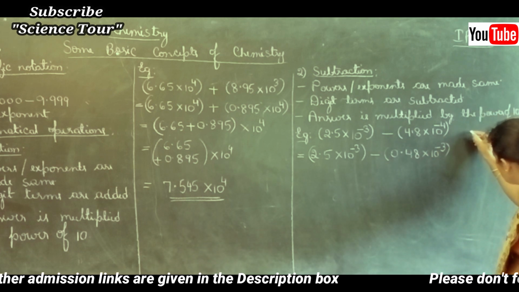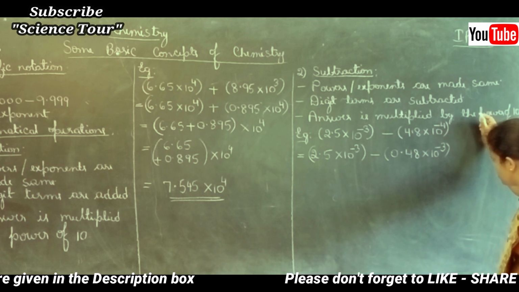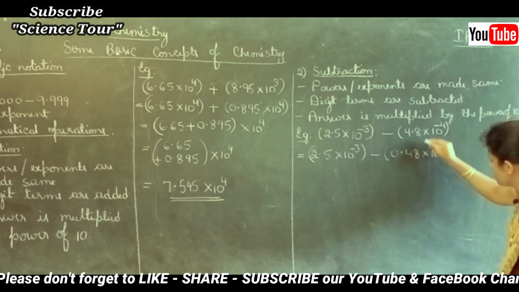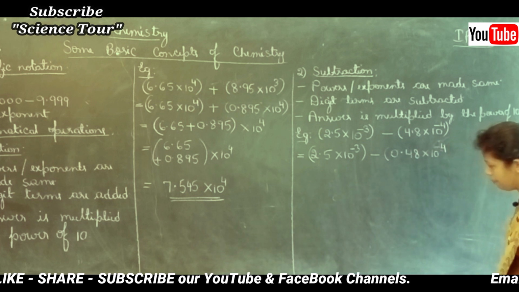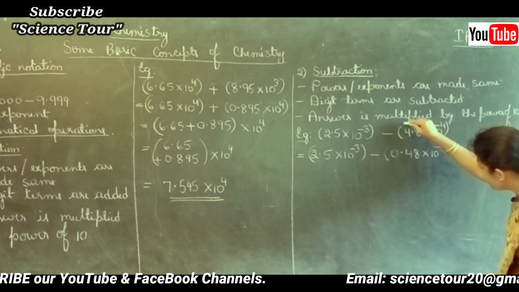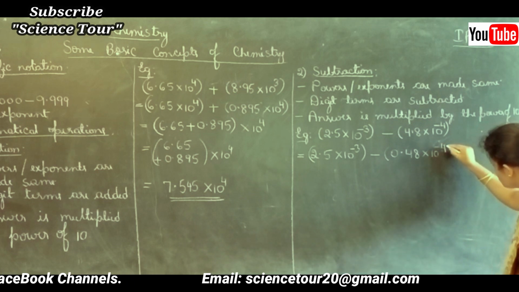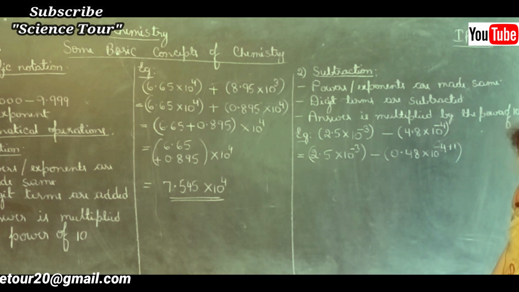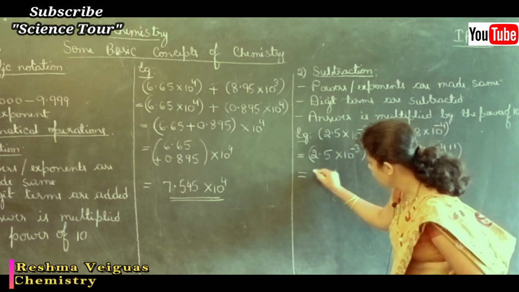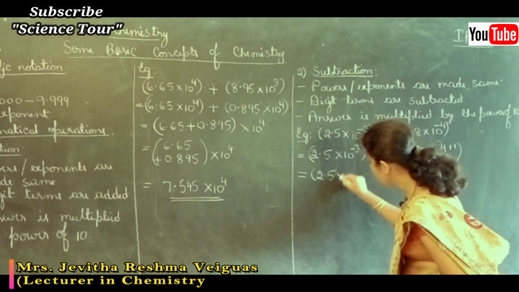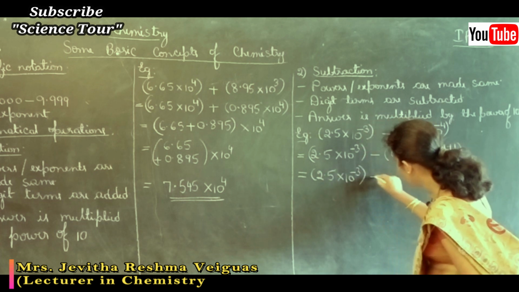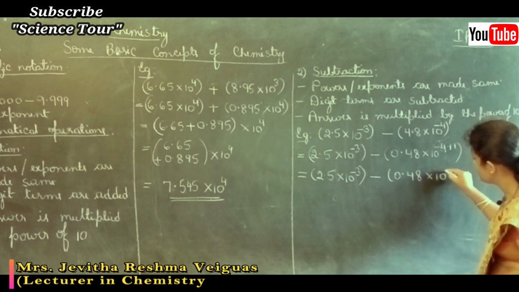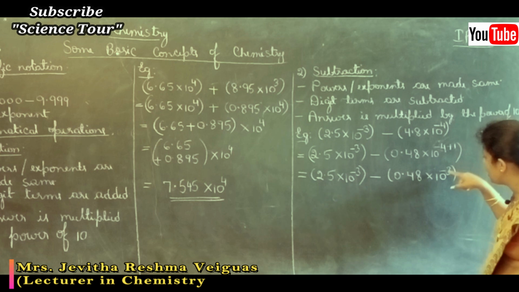Because when you shift the decimal point one digit to the left, plus 1 is added to the power. 10 to the power minus 4 and plus 1 becomes 10 to the power minus 3. So it is 2.5 into 10 to the power minus 3 minus 0.48 into 10 to the power minus 3.